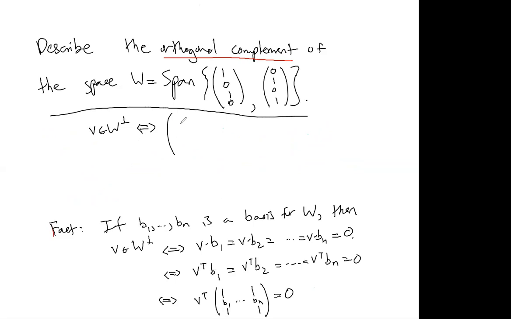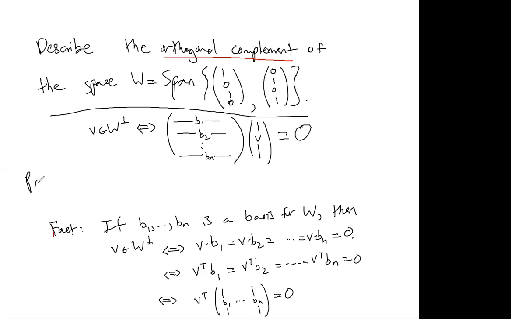And I get, if and only if you take the matrix whose rows are B1 through Bn and multiply it by V, there's only a single V, it equals 0. And this is how you describe orthogonal complements.